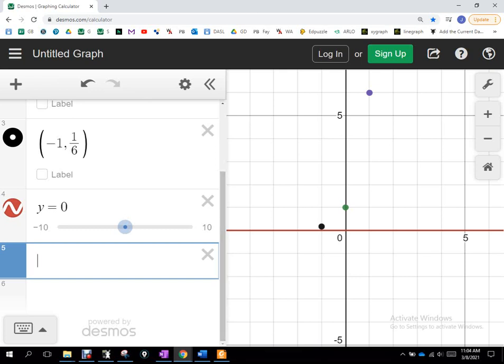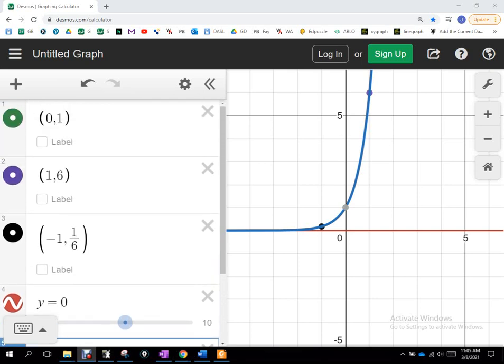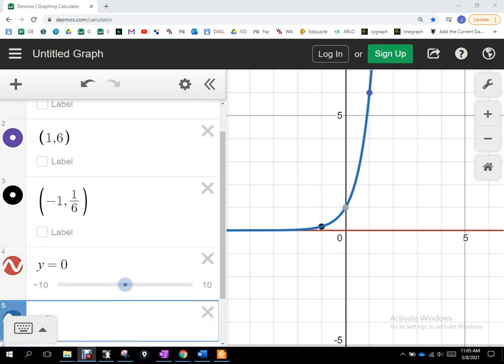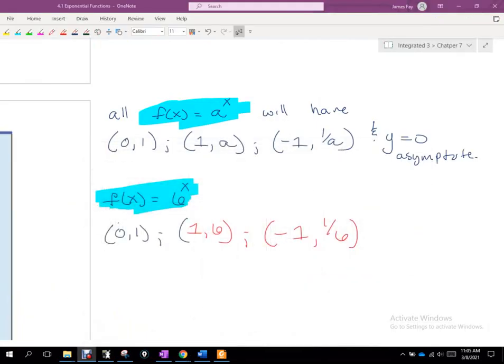So if I type in 6 to the x, does that go through those 3 points that we graphed? Like I said, every single time that we want to graph an exponential, we're going to come up with those ordered pairs: (0, 1), (1, 6), (-1, 1/6).